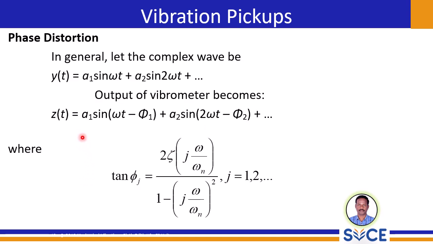So we have seen how phase distortion affects a signal with two harmonic components. Now let's consider a more general case. Suppose our vibration signal y of t is a complex wave composed of multiple sinusoidal components with different frequencies, like this.